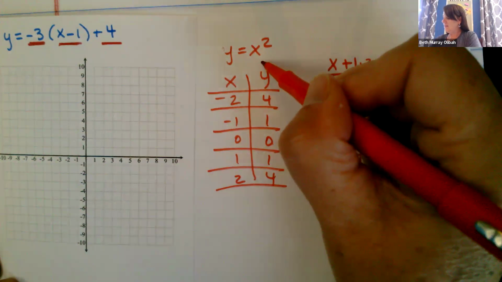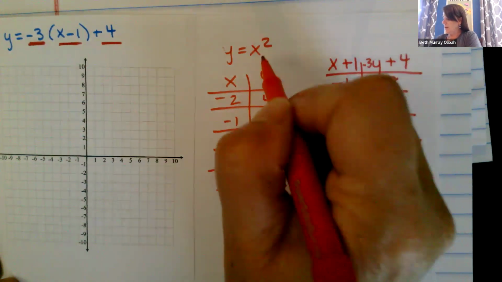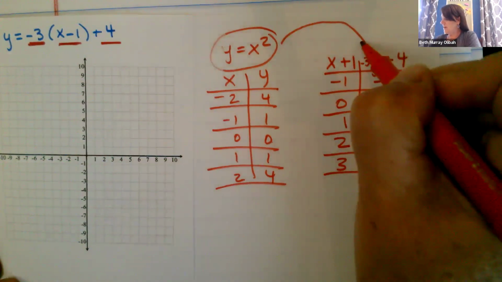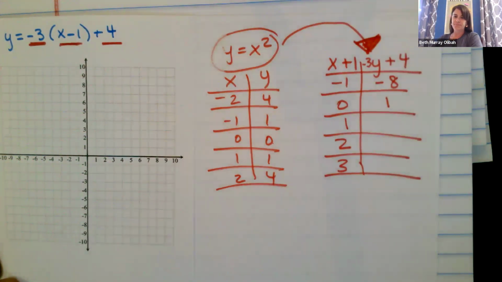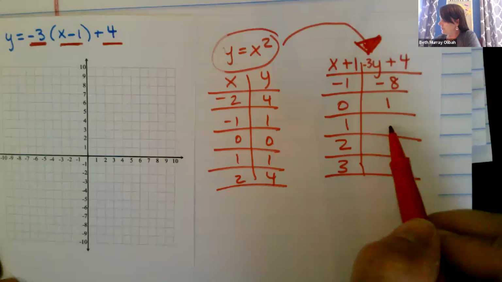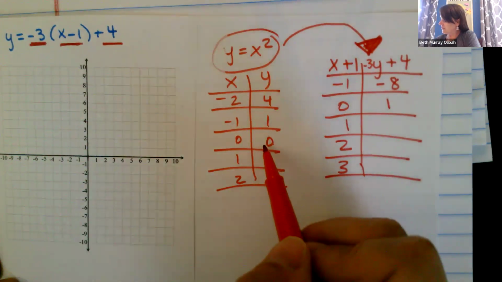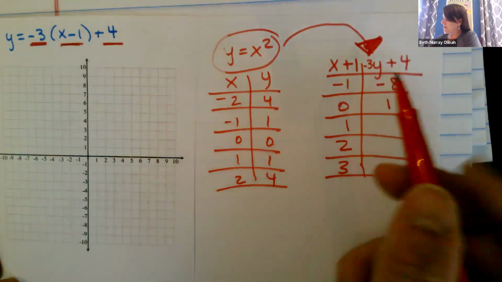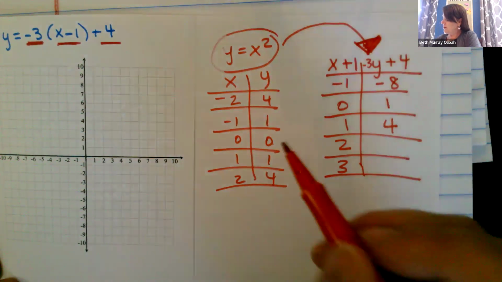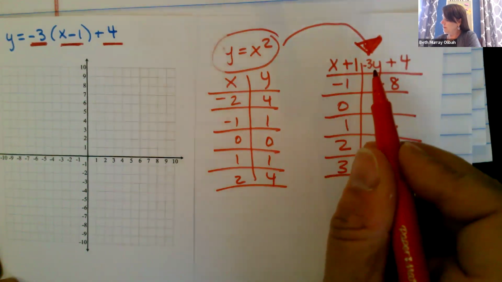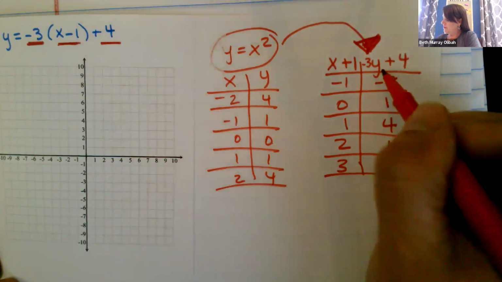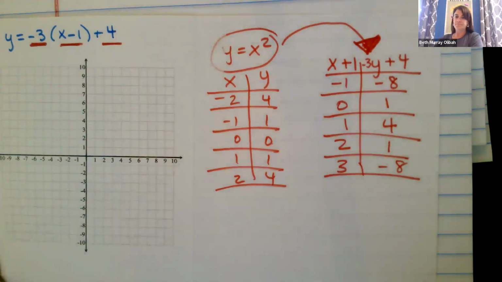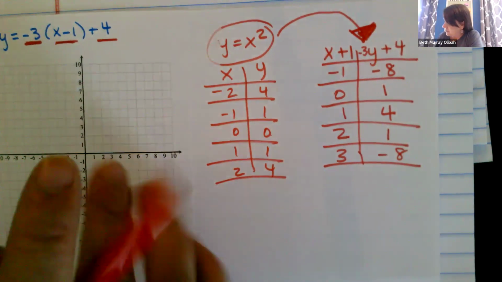We're taking these values that we got when we did the parent graph, and we're now changing them because of these transformation rules. So when I go to do this one, be careful, make sure you're going back to the old chart. Plugging in 0 would give me 4, plugging in 1 would give me 1, and plugging in 4 would give me -8.